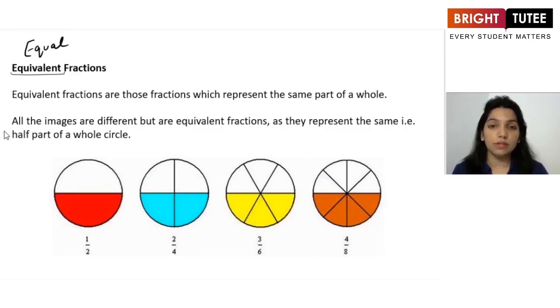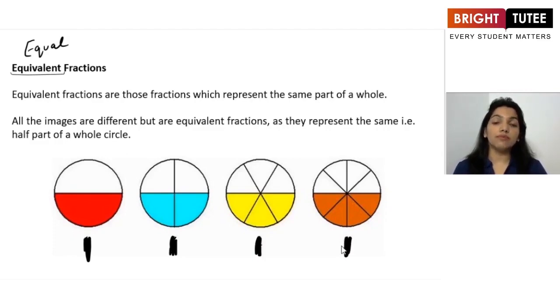Look at the first image. Just consider how much part is colored. I'm sure you can see that half of this figure is colored. Don't look at the fractions at the bottom; I'll just hide them for now. Just look at the images.